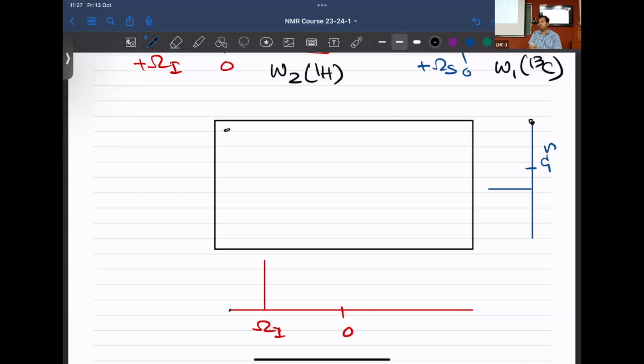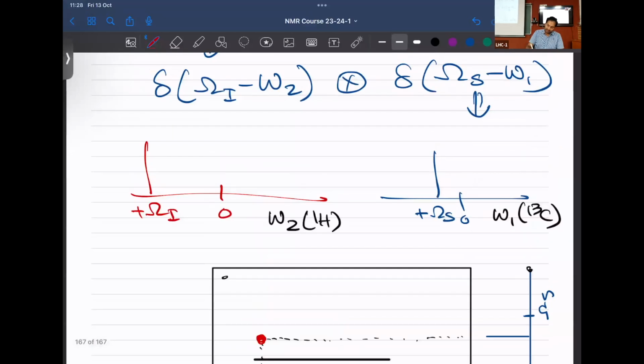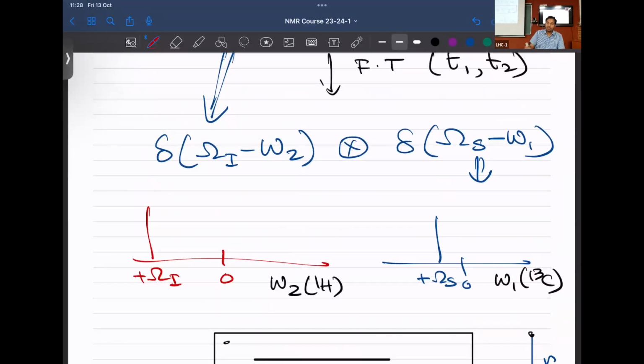You guys realize that everywhere it will be 0, except for the place where you'll get a non-zero number. Of course, I didn't put relaxation in. If you put relaxation in, you'll get a peak there, not just a delta function. Does that make sense?